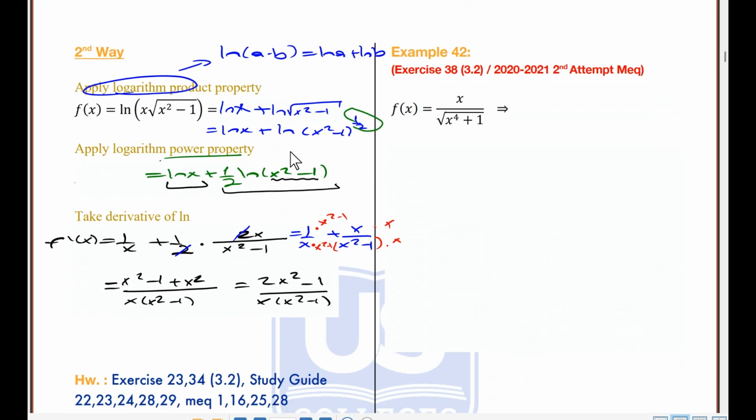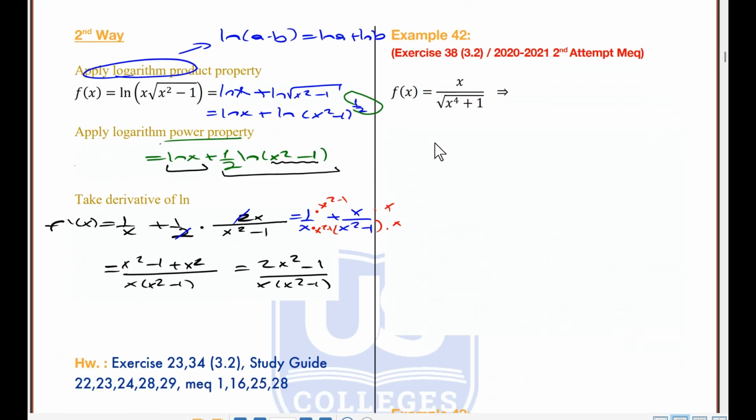Alright, another common question that you'll face in such questions. There are many questions like that, and it's in the exercises part. Okay, derivative of the top. The derivative of x is 1, multiplied by the bottom, square root of x to the fourth plus 1, minus the top, which is x, multiplied by the derivative of the bottom.